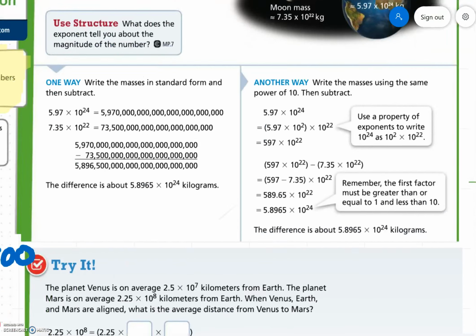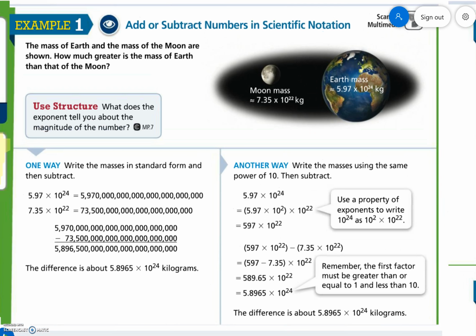Next page. Example number 1, add or subtract numbers in scientific notation. The mass of Earth and the mass of the moon are shown. How much greater is the mass of Earth than that of the moon? So the moon's mass is 7.35 times 10 to the 22nd, and the Earth's mass is 5.97 times 10 to the 24th.